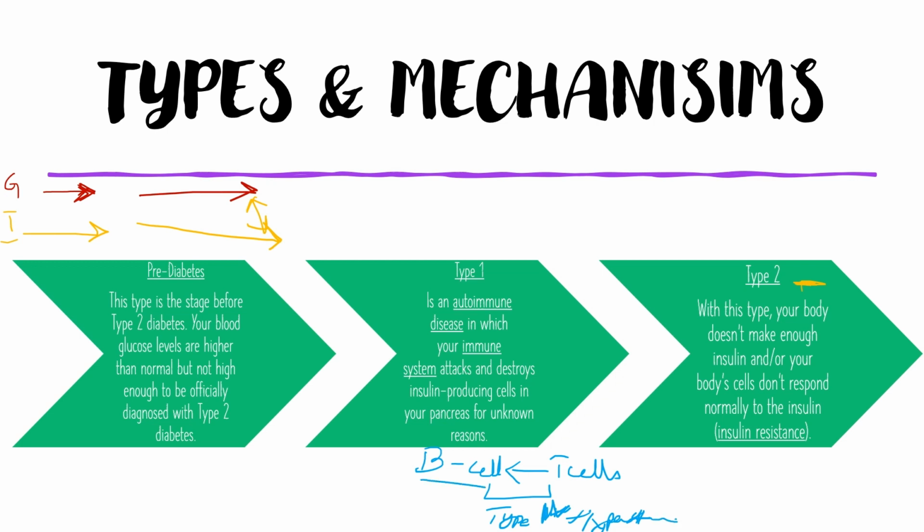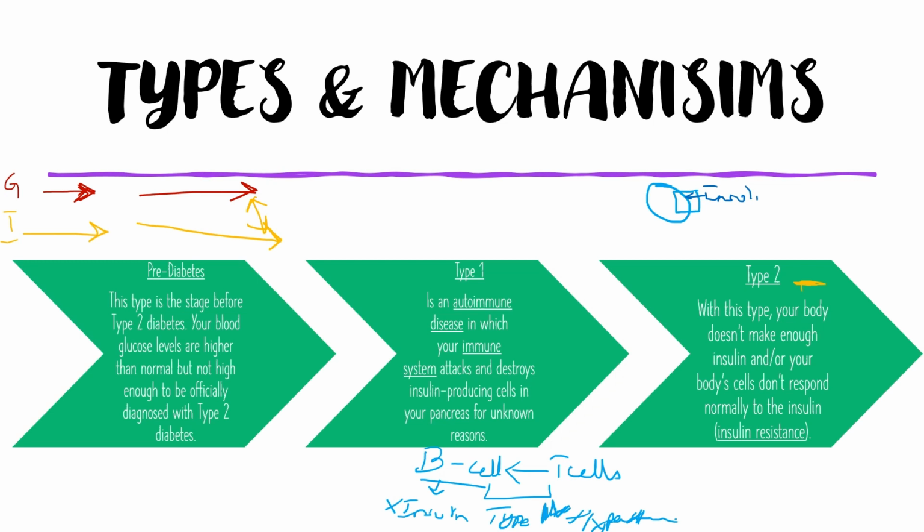When this happens, there's no insulin produced inside the body, and insulin is needed for the glucose to enter the cells. For instance, this is the cell, and the door of this cell is right here. The key to the door is the insulin.